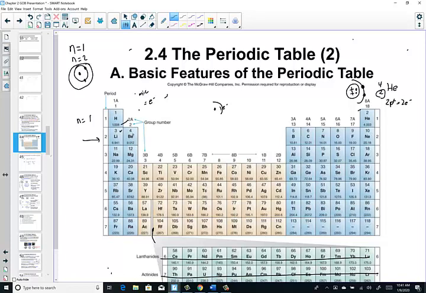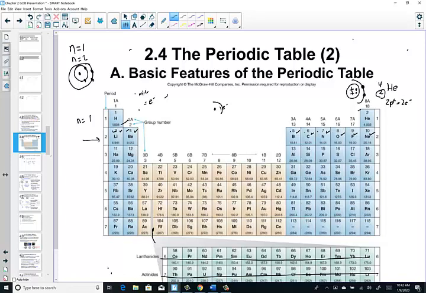Well, I see 1, 2, 3, 4, 5, 6, 7, 8. There are 8 elements. Each one of those is adding 1 more electron to its electron configuration, the arrangement of those electrons. And I know it's adding 1 more electron because the atomic number is increasing by 1 as we move left to right.